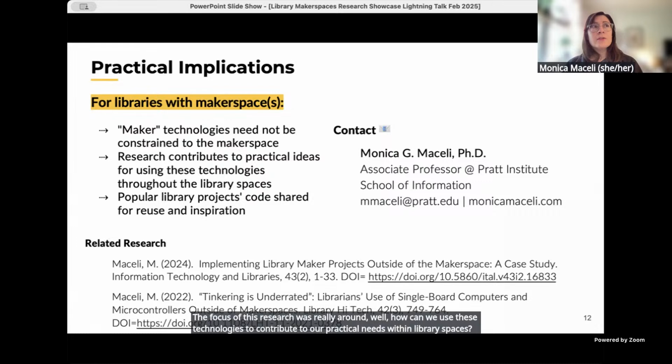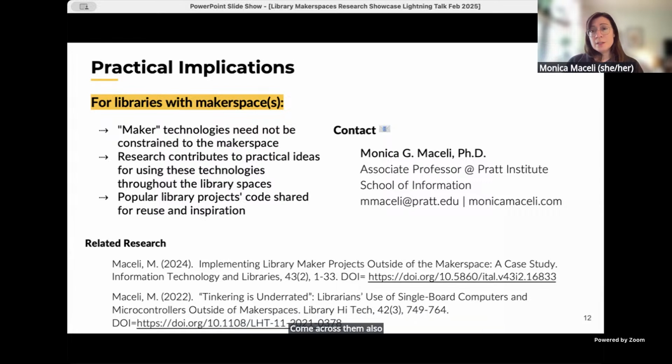But I think another theme that emerged from talking with participants is that this also serves as a really nice opportunity to share these different technologies with people that may not necessarily be coming into the makerspace or think of themselves as someone that's interested in the makerspace. So just literally physically getting these technologies into more wider use in the library where someone could come across them also served as an advertisement in part for the makerspace itself.